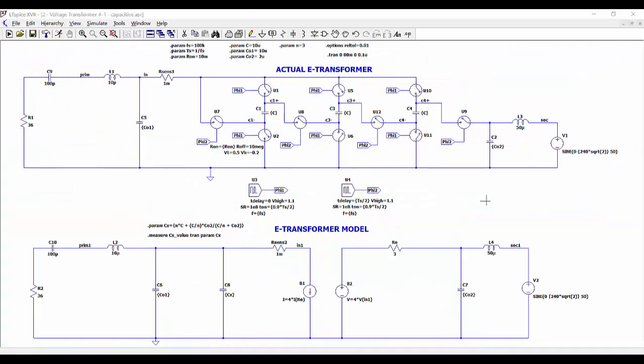Now let's do a simulation with a capacitive load, but now applying the voltage at the secondary side of 240 volts, and then we are connecting on the primary side a capacitive load with a series resistance of 36 ohms and a capacitor of 100 microfarads.